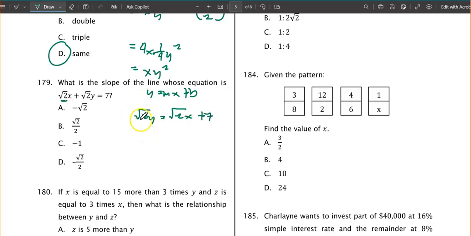And then just divide everything by root 2. Y is equal to root 2 divided by root 2, which is 1, x plus 7 over root 2. So again, our slope is 1 only. By the way, it's negative 1. That's negative 1.